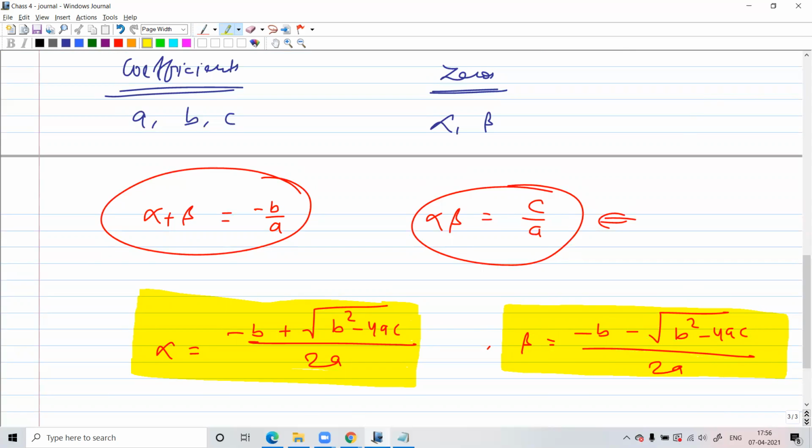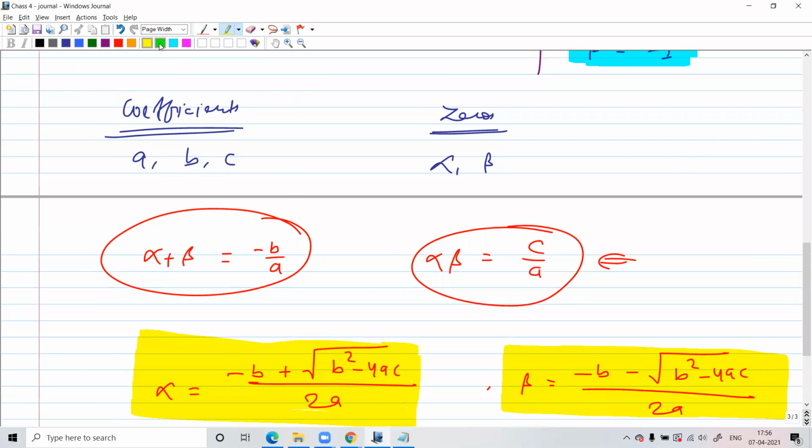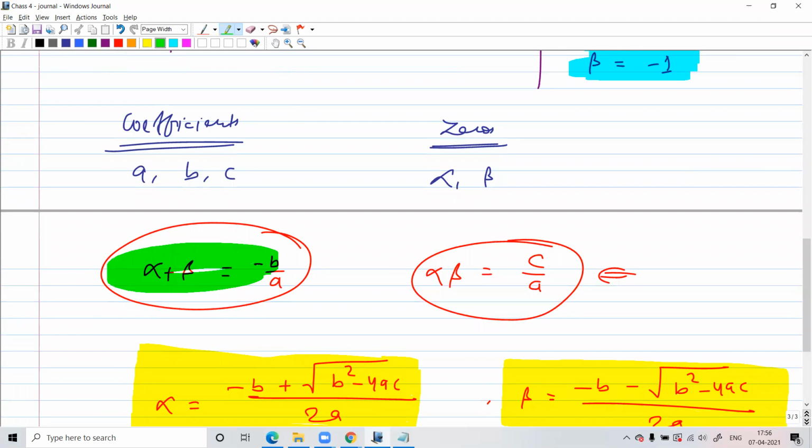But right now we are only going to talk about these two. I'm not finding alpha and beta directly, but when I add alpha and beta, the sum of those zeros will be equal to minus B by A. This looks like a simple relation, no? Easy to remember.